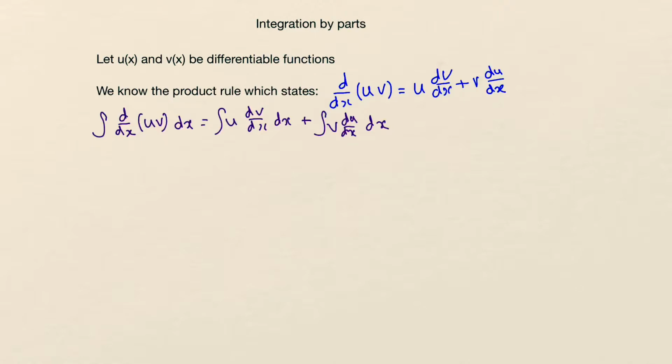The integral of a derivative is itself, so we'll just have uv on the left, and the right hand side stays the same. So the right will be the integral of u dv by dx plus the integral of v du by dx.